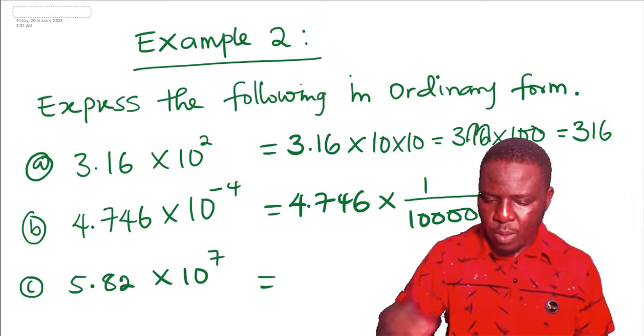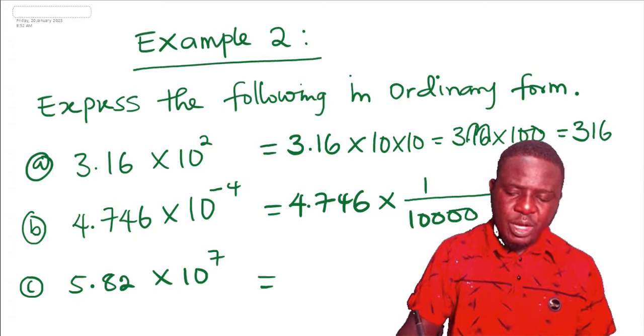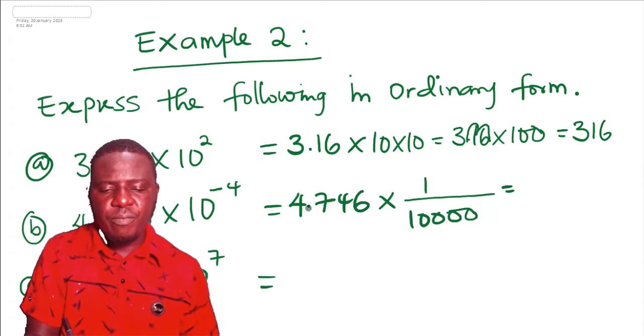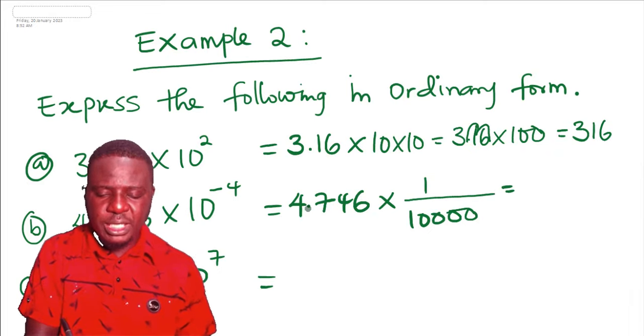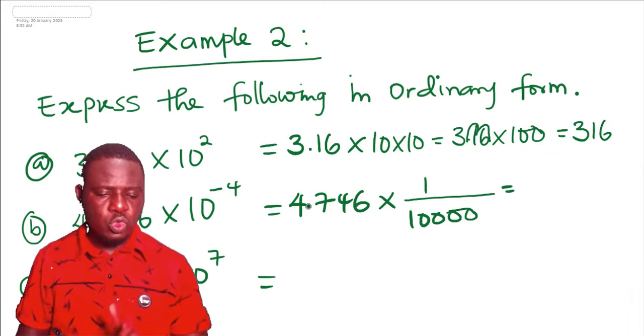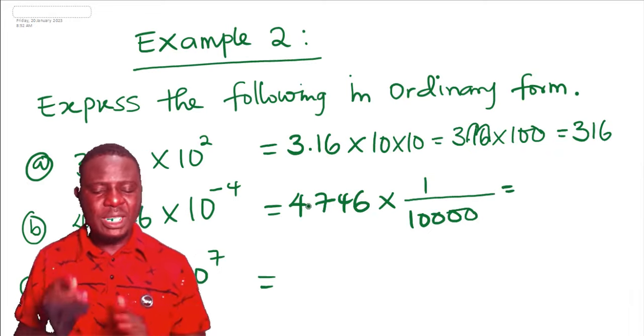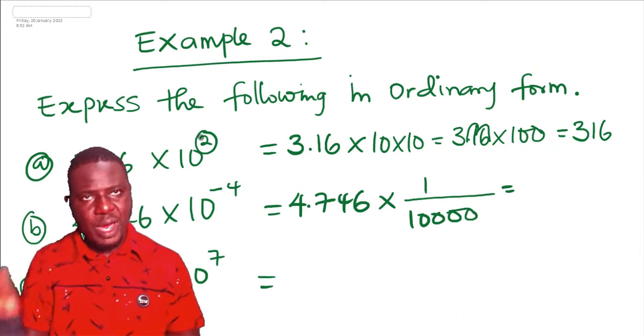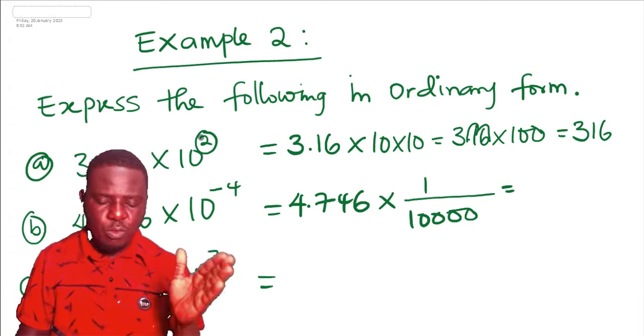Because we are dividing by 10,000, we are going to move the decimal point 4 times to the left. When the power is positive, you move to the right. When it is negative, you move to the left.